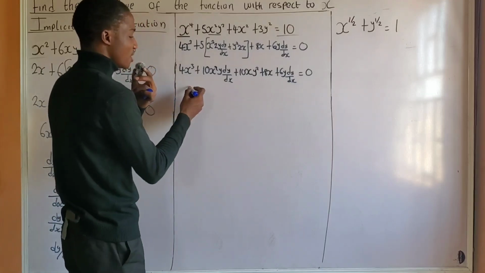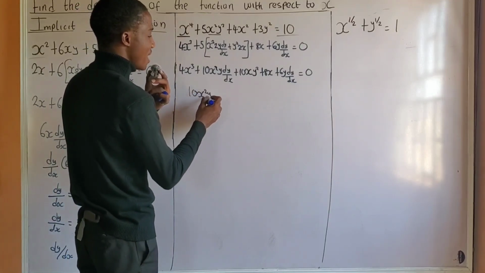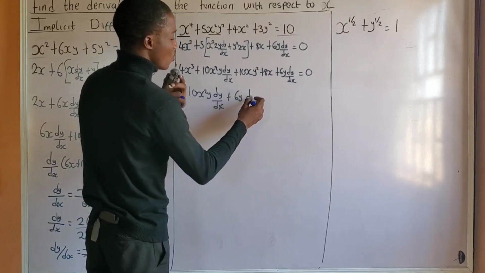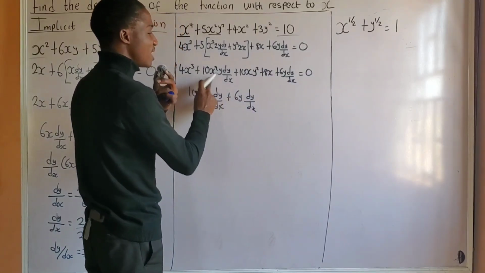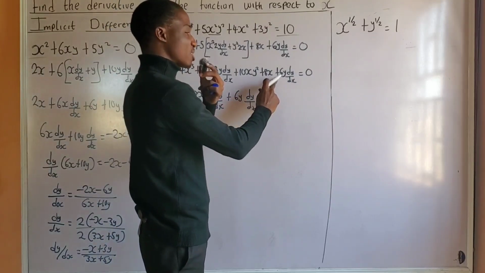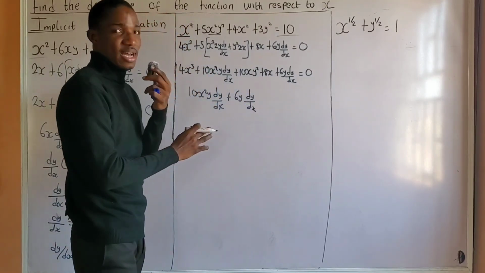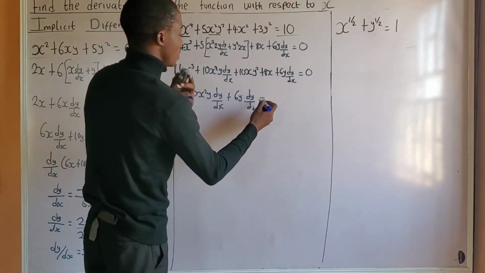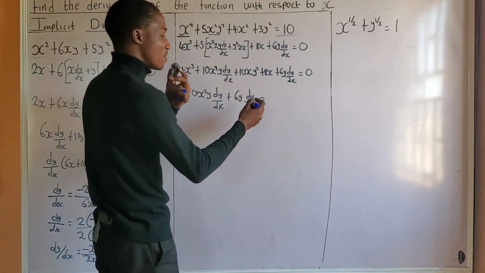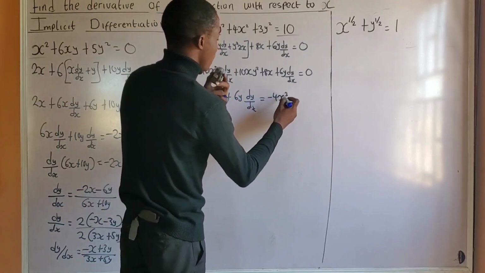So I'm going to have 10x squared y dy over dx plus 6y dy over dx, because now 10x squared y is attached to dy dx, and also dy dx is attached to 6y. So I bring them together. Are you getting it? Now this will be equals to, now take this 4x raised to the power of 3, take it to the right hand side. I'm going to have negative 4x to the power of 3.